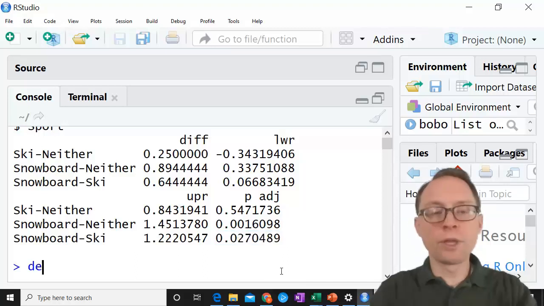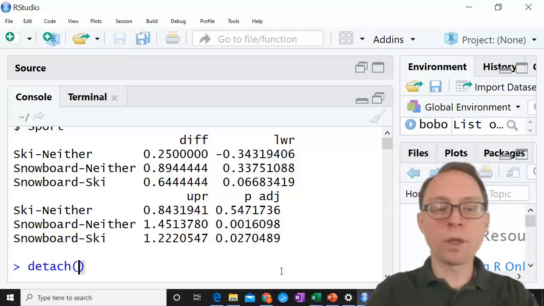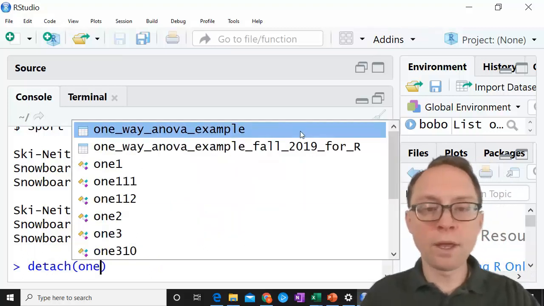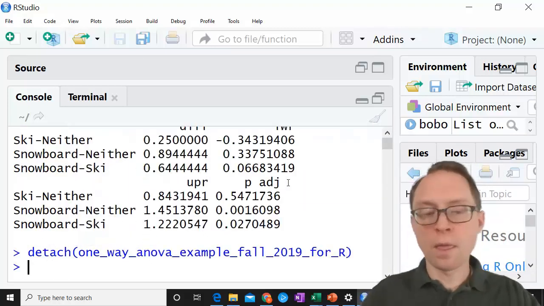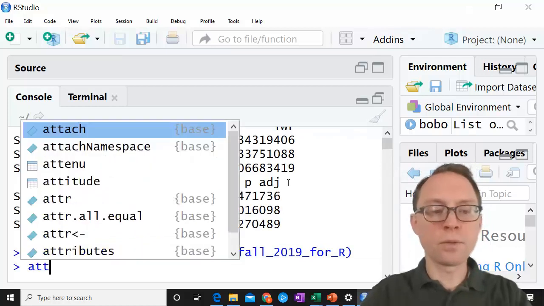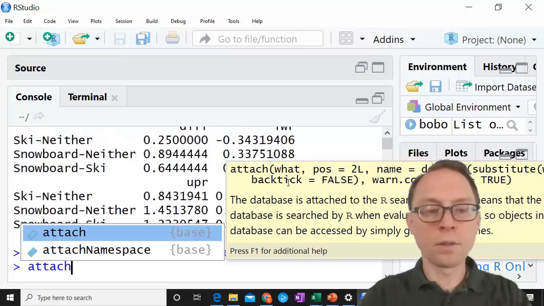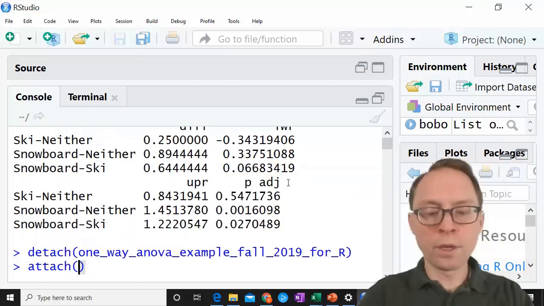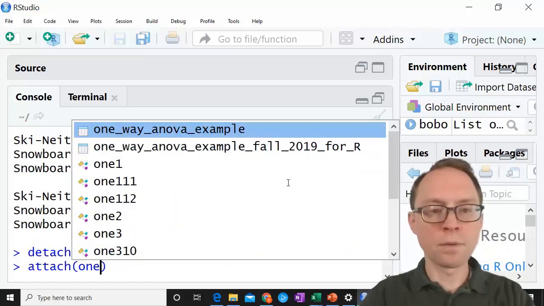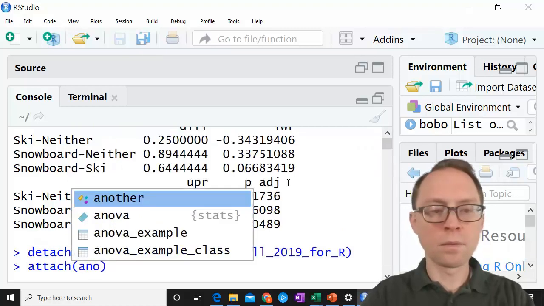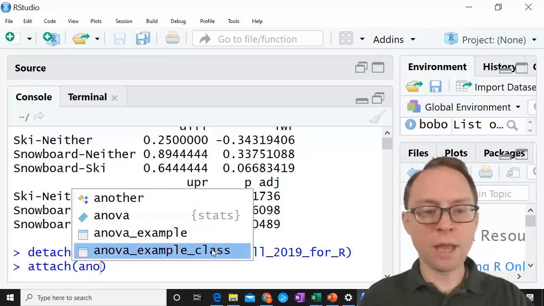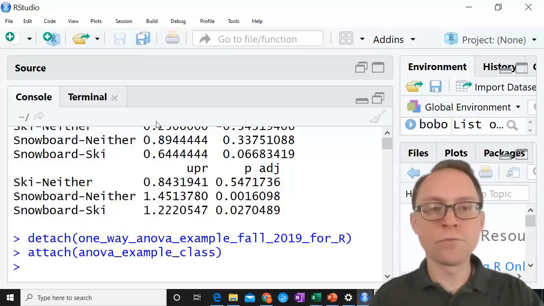Okay, so I'm going to go ahead and detach what we've been working on, which is the one-way example for R. Now I'm going to attach the one that I want, which is the ANOVA example class. If you remember, let's look at the data up here.